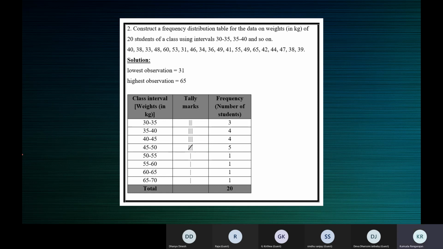So if you write 30 to 40, 40 to 50, 50 to 60, 60 to 70, you'll have only 4 class intervals. It is not that you should write all the class intervals. There should be at least one frequency in that class interval.